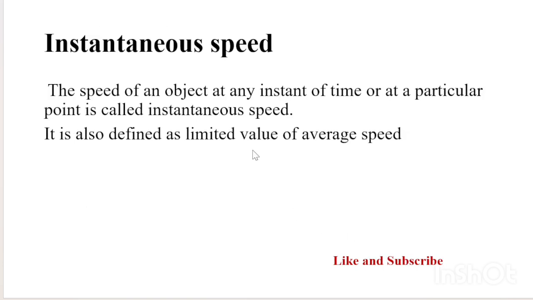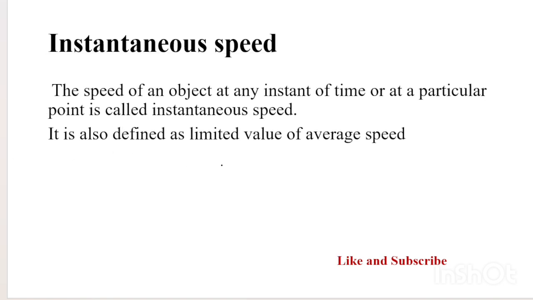Now come to instantaneous speed. The speed of an object at any instant of time or at a particular point is called the instantaneous speed. It is also defined as the limiting value of average speed.